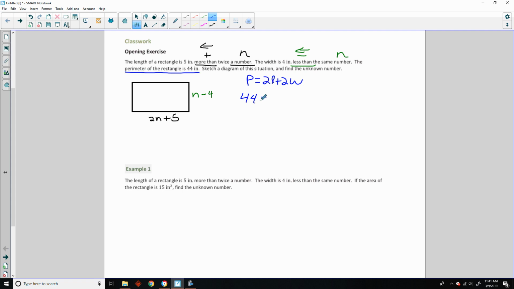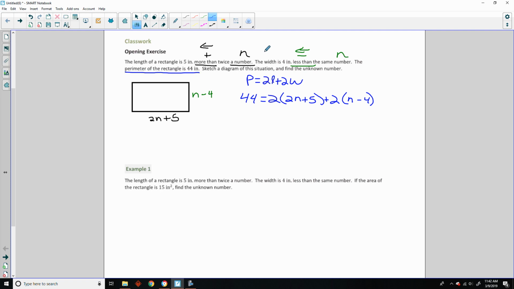Perimeter is 44. The length is 2n plus 5. The width is n minus 4. See how easy that is? P, 44. The 2 is 2 times the length, and the length was this value here. And plus 2, and the W is n minus 4.